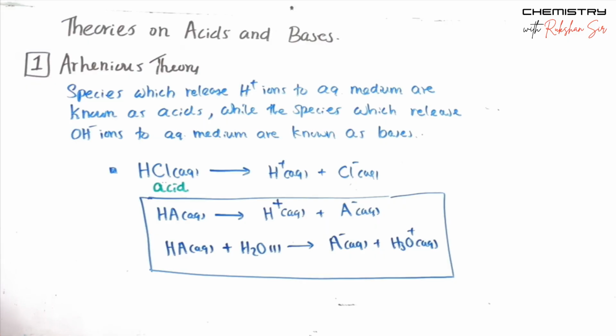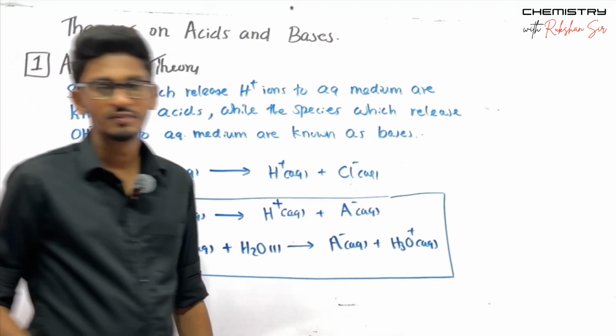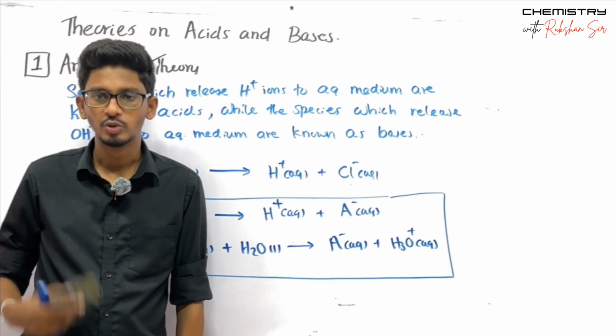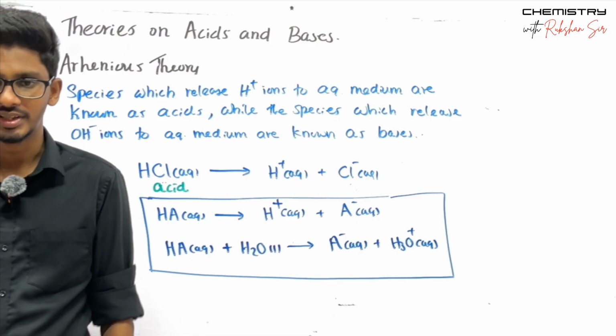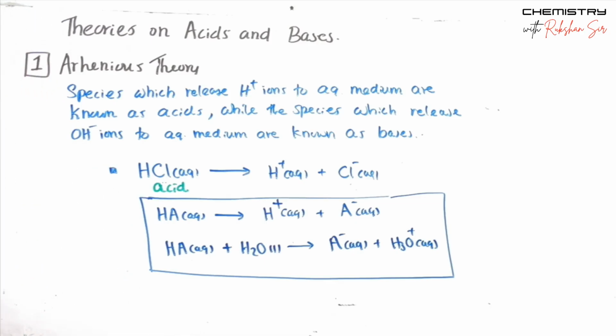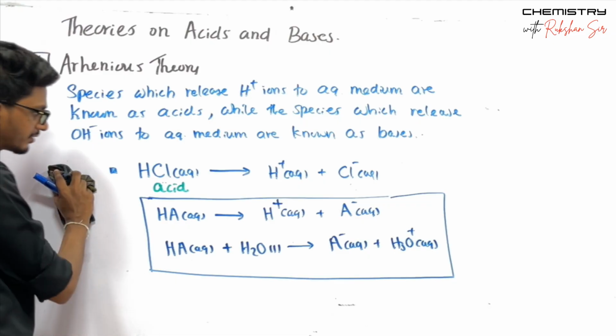Clear? We can write equations for bases as well. Bases are the ones which release OH minus ions to aqueous solutions. These things are appearing in your note, so no need of writing this stuff.